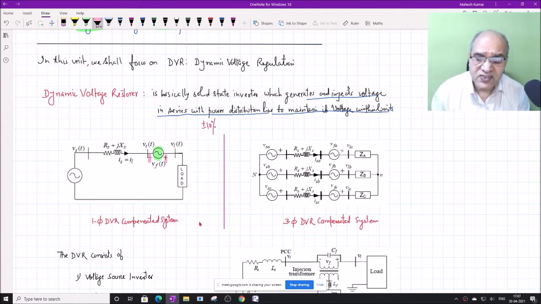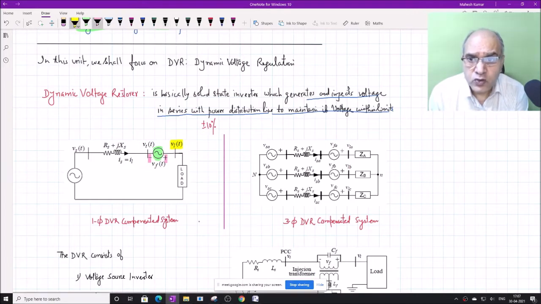So as if it is a voltage source which is placed in line, so that the voltage Vs is always balanced and sinusoidal, free from harmonics, and has a rated value. For example, this is the source voltage, this is Vs here.